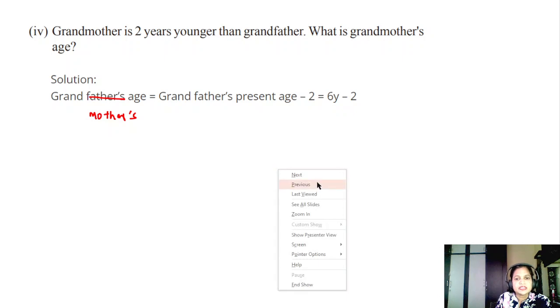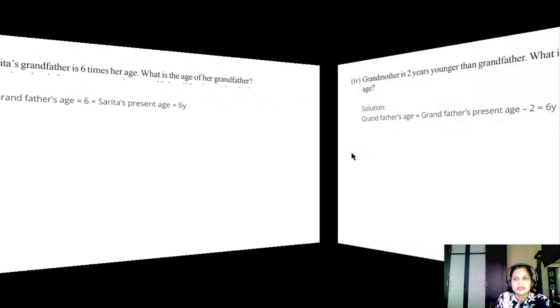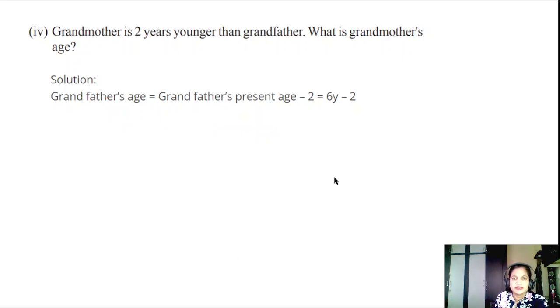We already found this out in the previous sum. It is 6y. Grandfather's present age is 6y. Grandmother is 2 years younger than grandfather. Therefore, 6y minus 2 years is grandmother's age, in terms of Y, Sarita's present age.